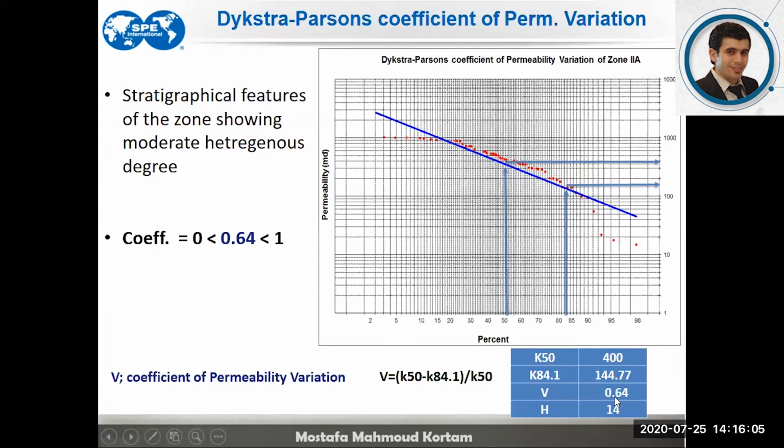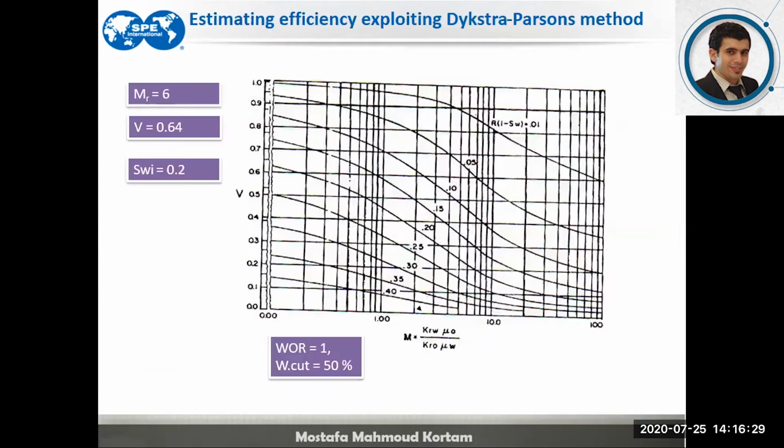This produces an extraversion coefficient of 0.64. One represents a completely heterogeneous system, 0 represents a homogeneous system. So it's a heterogeneous system, closer to a highly heterogeneous system, because it's greater than 0.5.